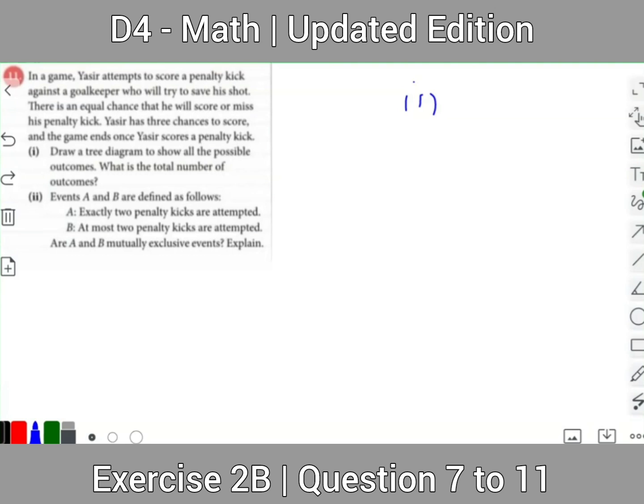So, the first kick gives us two outcomes: miss his penalty kick, or score.